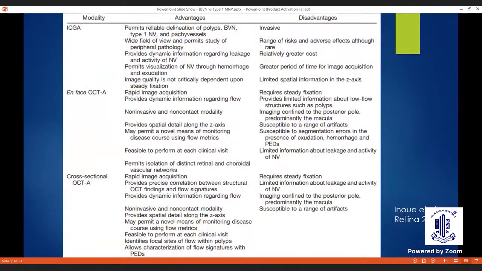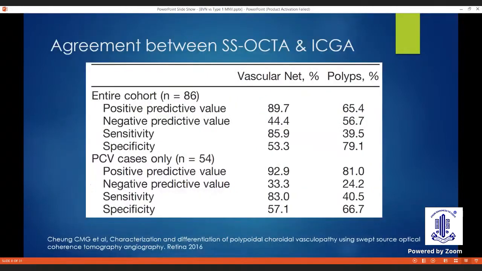However, for the time being, ICG still remains the gold standard, but because of its limitation in the Z-axis primarily, and also because of its invasive nature, people have moved on to OCT-A to diagnose this entity. There is good agreement between swept source OCT and ICGA, as has been shown by this paper.